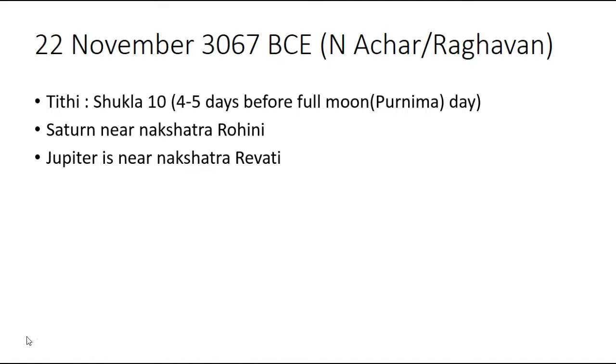Out of these three references of Saturn from Mahabharata text, Professor Achar uses the position of Saturn near Nakshatra Rohini as a corroboration of Saturn afflicting Rohini. And it is a good corroboration.